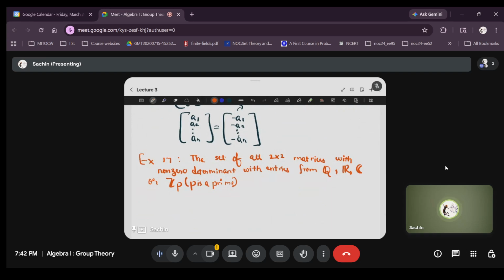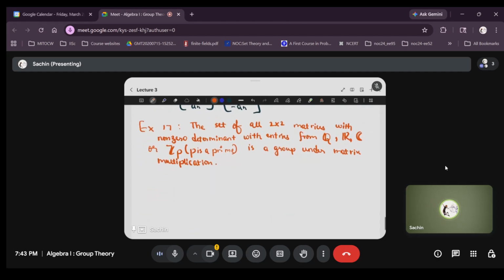Then this is also a group under matrix multiplication. The only difficulty here is that for Q, R, and C, it is fine. We already know how to find the determinant and the inverse of 2 by 2 matrices and n by n matrices in general. But there is a slight difference when the entries in the matrix are from the group Zp.